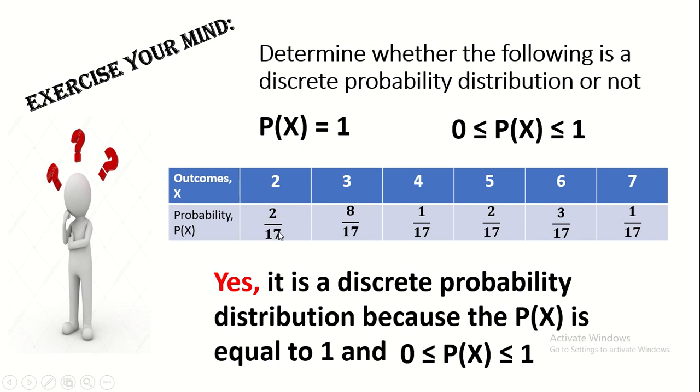That is less than 1. Ito ay less than 1, less than 1 din, lahat less than 1. So, sila ay mga naka-decimal points. So, na-follow niya rin yung property number 2. So, this is a discrete probability distribution.